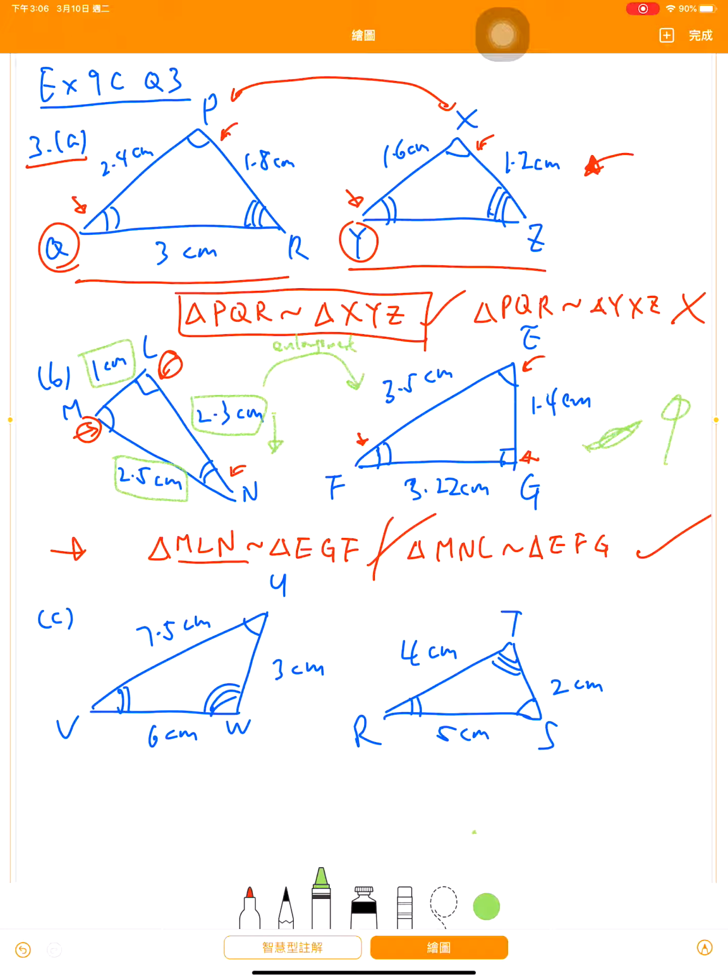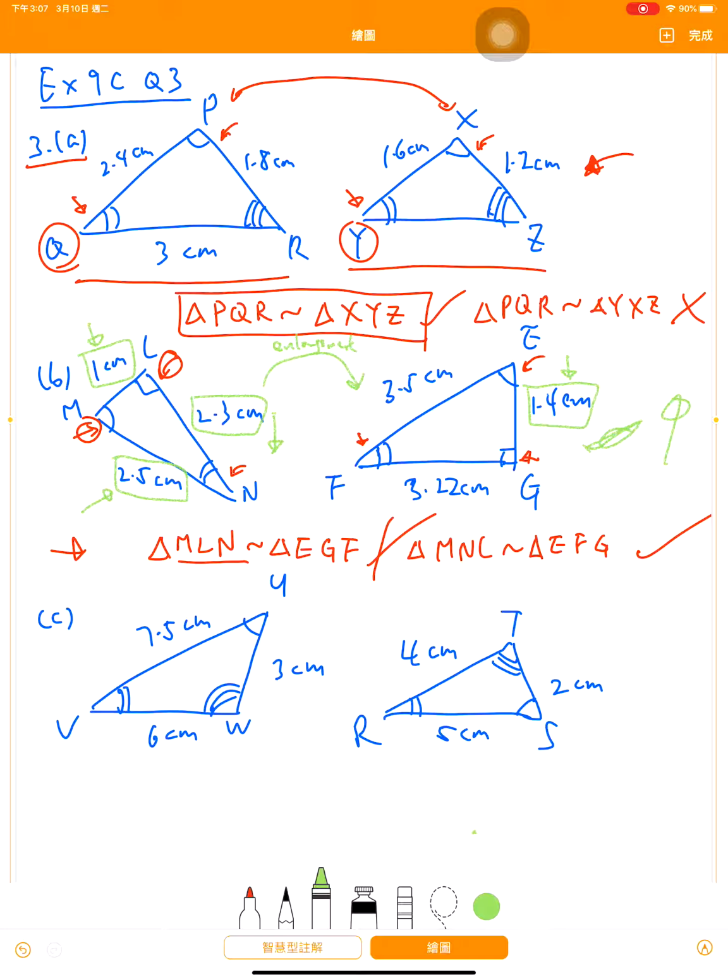So we can look for the arrangement of the size of the triangle. What does it mean? For example, this one, 1 cm, is the shortest side in this triangle, right? The longest is 2.5, right? So the corresponding side should be the shortest too. That means in this triangle, 1.4 cm is also the shortest, right?